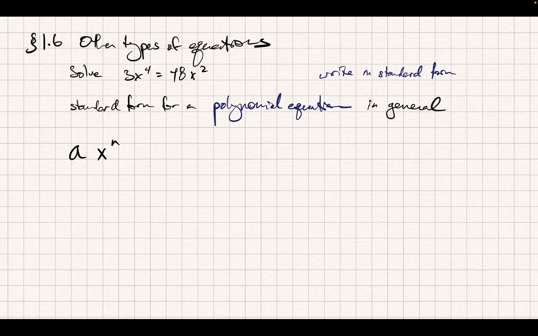are all going to be a, and I'm going to use a subscript to keep track of them. So this would be a subscript n. And then the next one will be just the next power down. So I'm going to have a subscript n minus 1, meaning the next one down. So if I started at 8, the next one is 7. And so this would be x to what power? N minus 1. To the n minus 1. And then I'm going to do plus, and I'm going to do dot, dot, dot, because I'm going to fill in the blank however many there are.